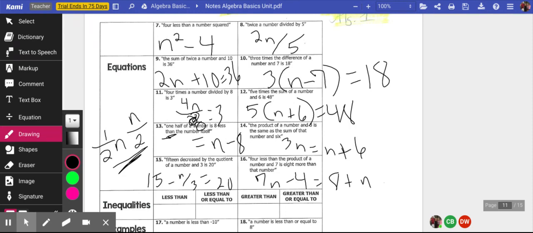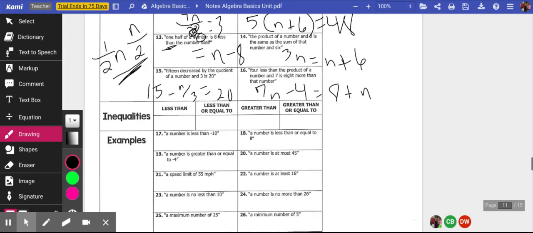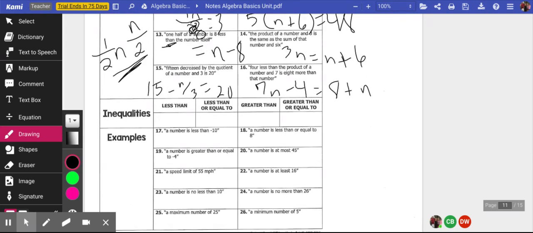Okay, so down to inequalities. So the only difference on these is the inequality. Otherwise, these are all individual, but when they get more like, 4 less than the product of, they're written the same way. It's just these words. So we know that less than is there because we would be talking about like the number in front. We read it from left to right.